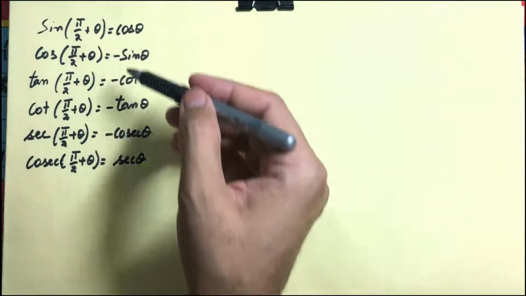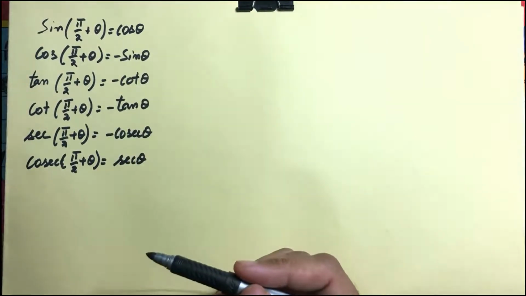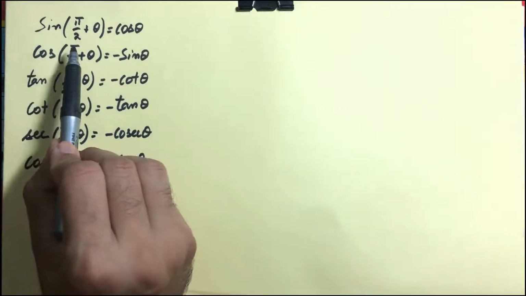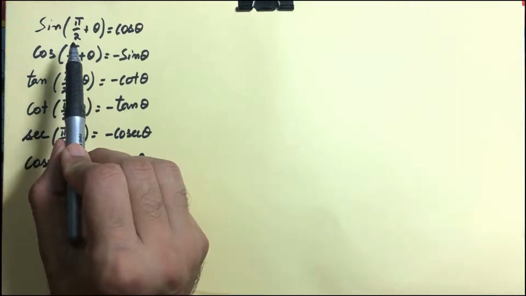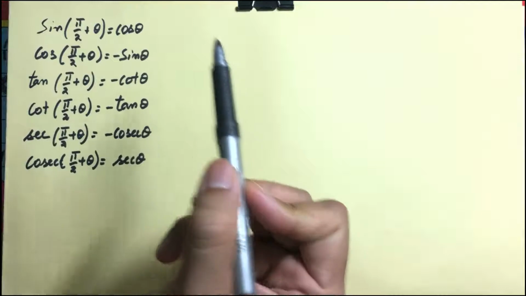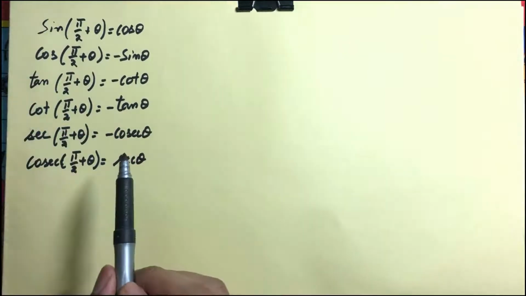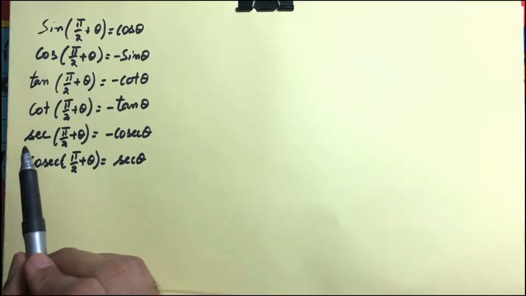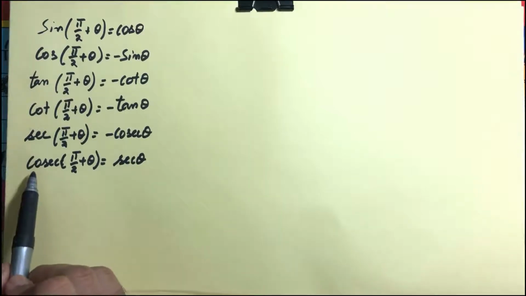Now you see, in the previous question, we were getting all the t ratios positive. But here you see some are positive and some are negative. Why so? Because when we have pi by 2 minus theta, we are in the first quadrant. But when we have pi by 2 plus theta, we have entered the second quadrant. And you know, in the second quadrant, what is positive? Sine and cosecant.